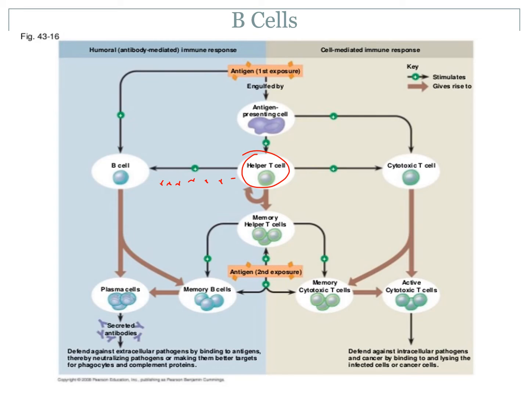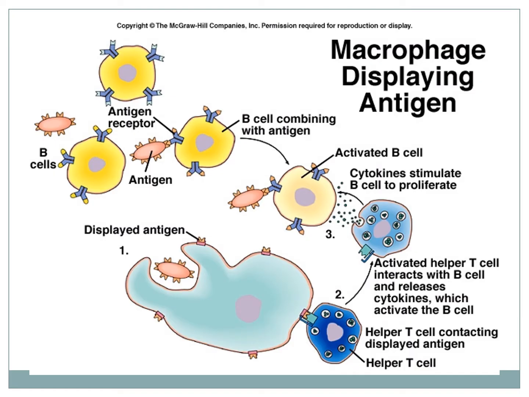In this case, this is a macrophage displaying the antigen. In the bottom, you see the large macrophage going through phagocytosis and then presenting an antigen on the outside of its cell. From there, the helper T cell will come along and register the antigen.